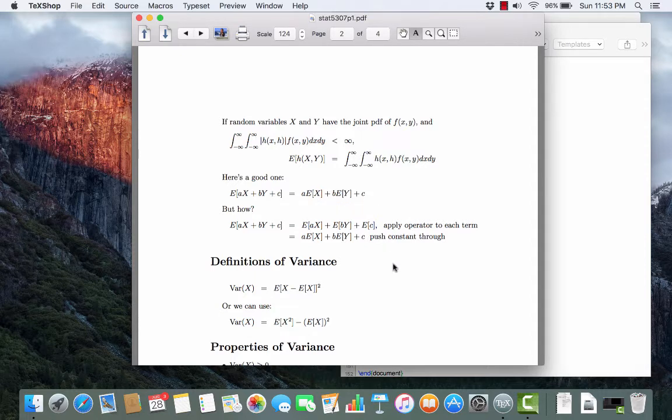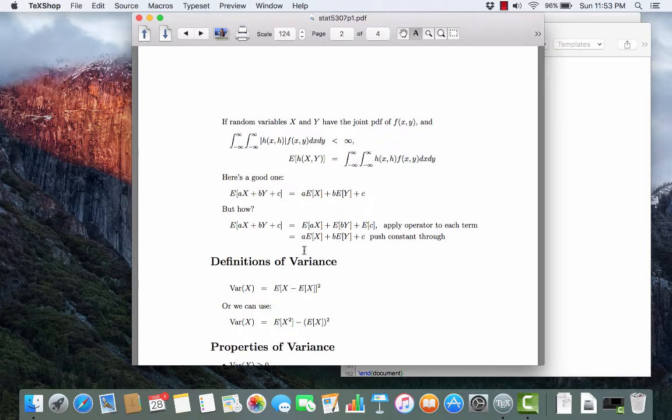How does that work? Well, the expectation operator is a linear operator. So that means I can work on each term individually. So I'm going to have E of a x plus E of b y plus E of c.